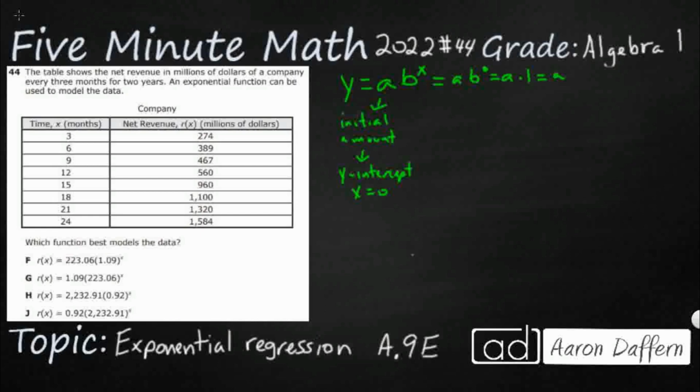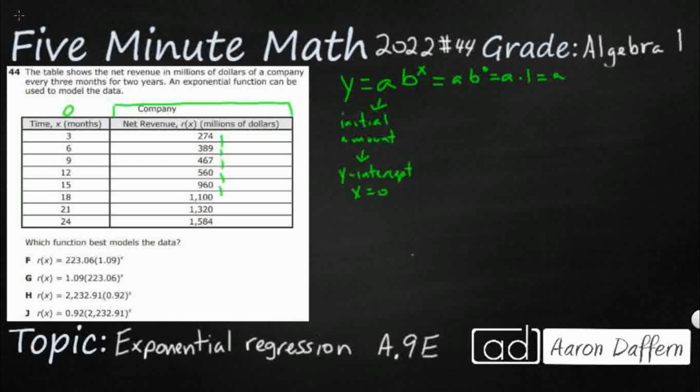But unfortunately, x doesn't equal 0. So the list of x terms only starts at 3. If we were to go back 3, whatever would be over here, that would be your a term, but they don't have it. Now, we can kind of guess based on what we see here. We see that the numbers are increasing every single time.